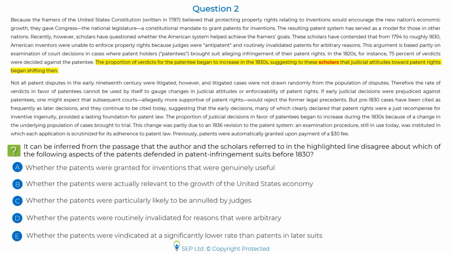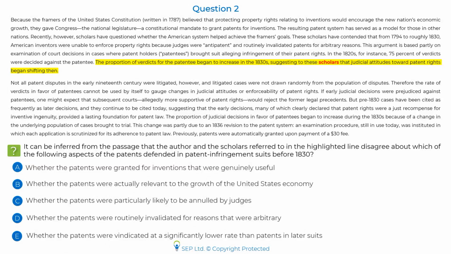Does the passage talk about patents being vindicated at a certain rate before and after? Please answer this question. Does the passage talk about the vindication rate before and after 1830? Is that what the author disagrees about?